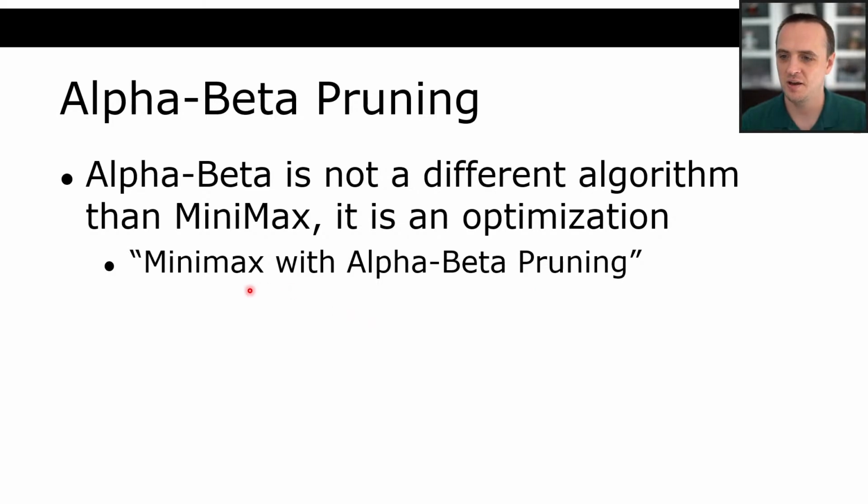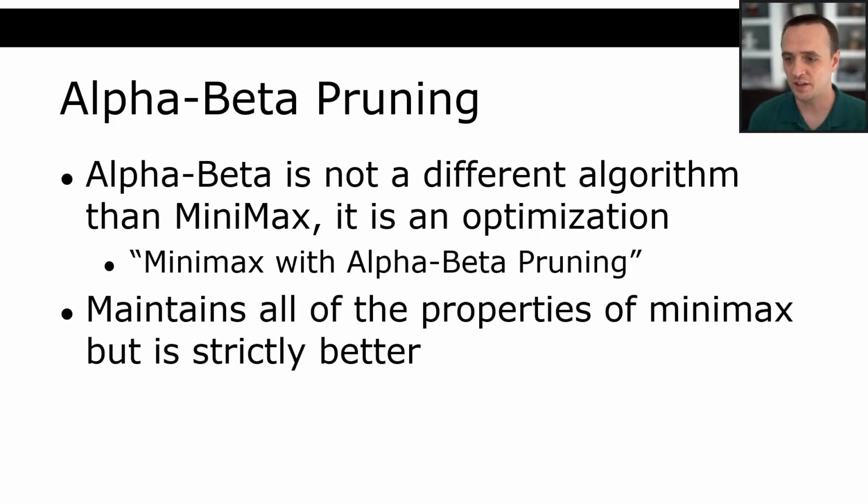It's technically the MiniMax algorithm with AlphaBeta pruning. But you will see almost everywhere people call it the AlphaBeta algorithm, and that's fine, okay? But just realize that it's really not its own algorithm. It's an optimization to the MiniMax algorithm.